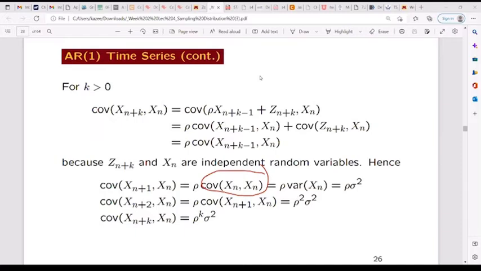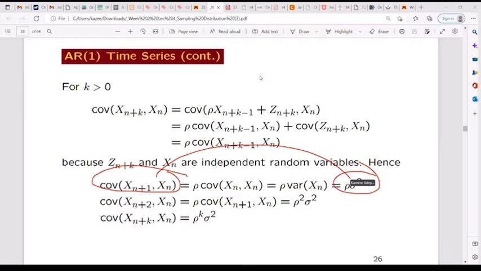You know that, right? The covariance of Xn, you are referring to the same variable. Covariance within itself is a variance. That is why that equals that, and of course the variance is sigma squared. Because of that, this will give you this, because you can be asked to derive. So that is going to lead to that. This is for k equal to 1.